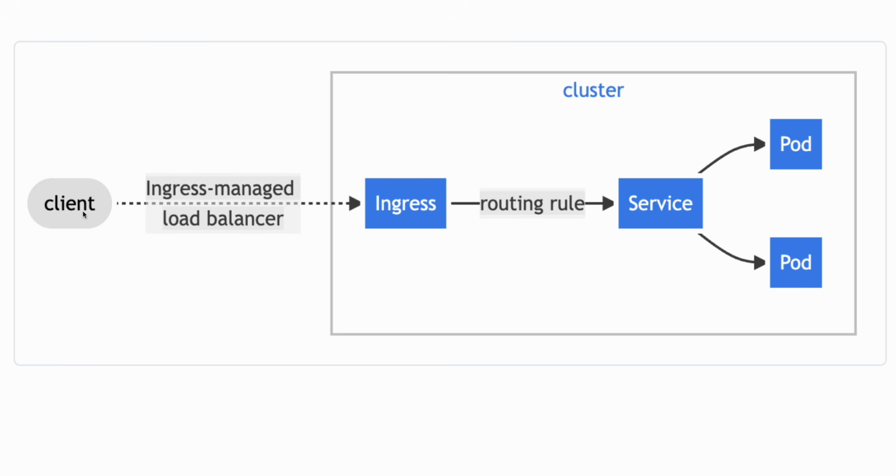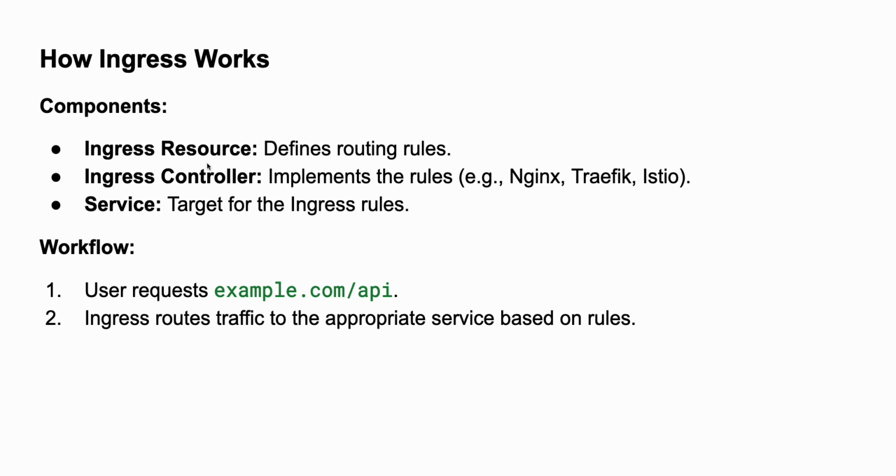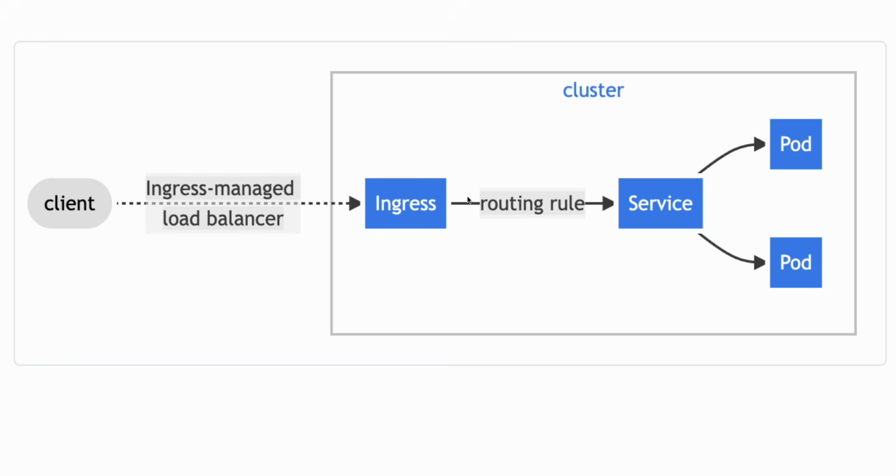Suppose a client hits the DNS or IP, then our controller comes into the picture and navigates it to the Ingress manifest file or the Ingress resource, the first one. Then Ingress checks the rules we have written for routing, and if a routing rule matches a particular service, then this pod will serve that user. So it's simple.